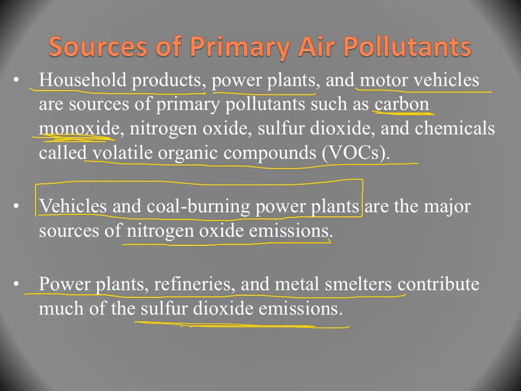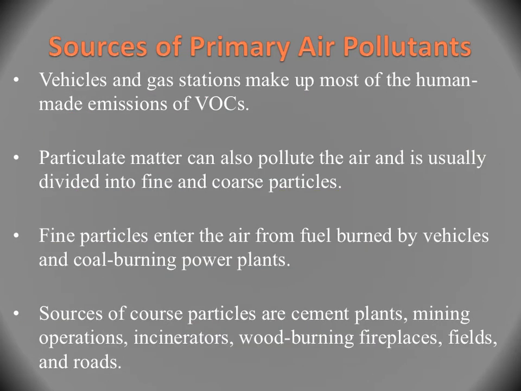Now, the problem with the nitrogen oxides and the sulfur dioxides is that they end up reacting with water vapor in the atmosphere to form nitric and sulfuric acid, respectively, and because of their forming those acids, we end up with acid precipitation. Gas stations and vehicles themselves make up most of the volatile organic compound emissions, the VOCs.